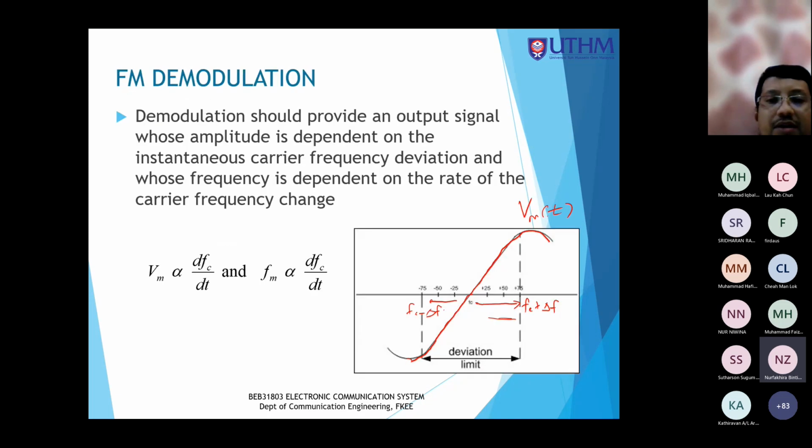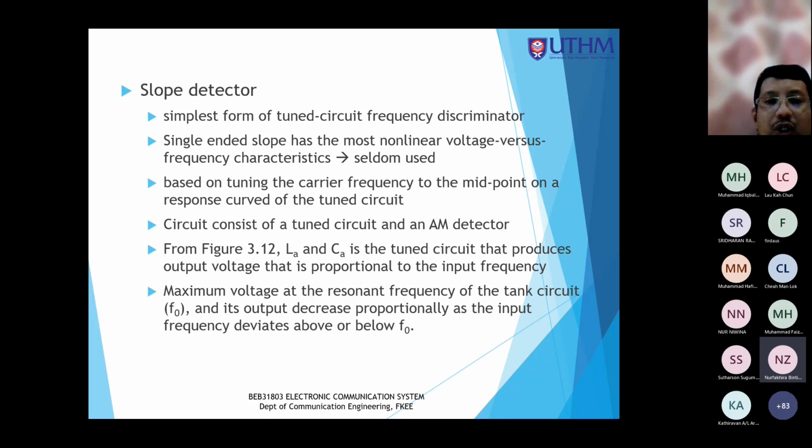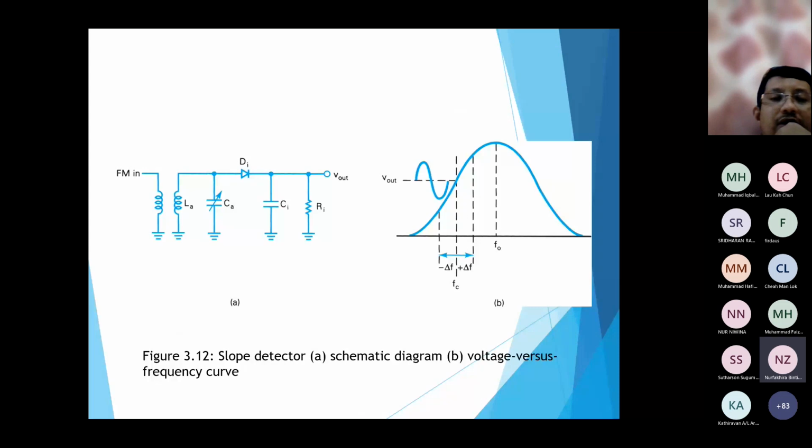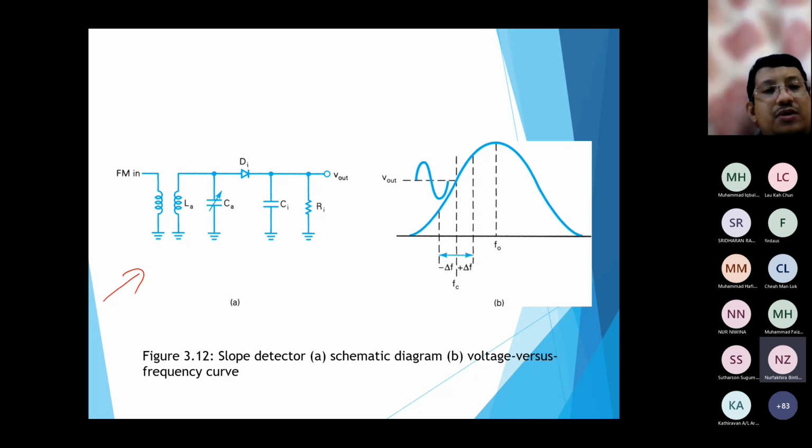And if you see from here, the slope detector consists of a tune circuit and also a detector circuit. So this is the slope detector, which consists of a tune circuit.